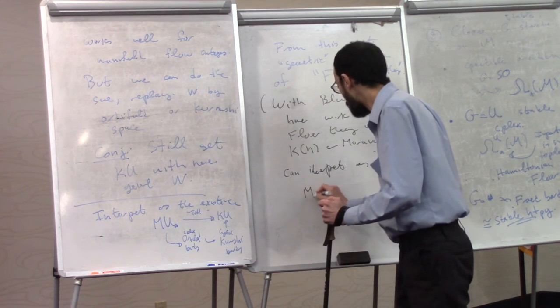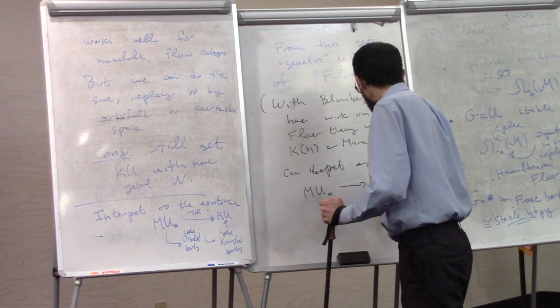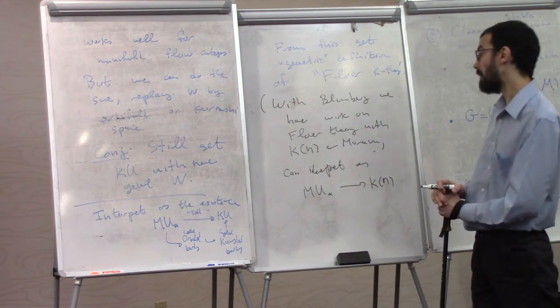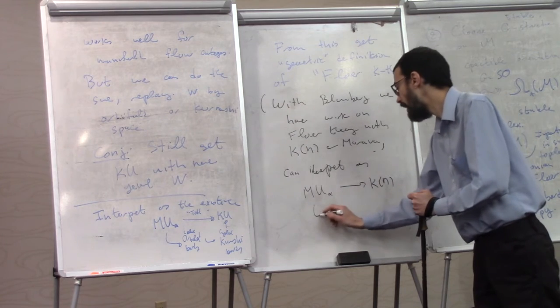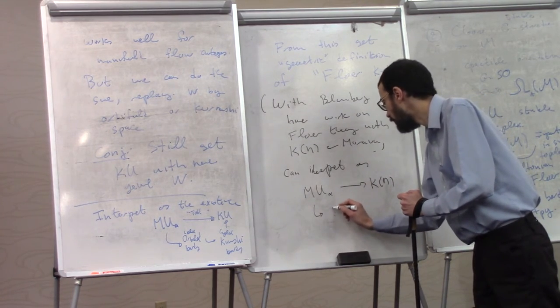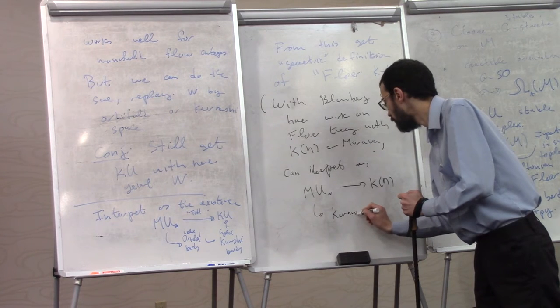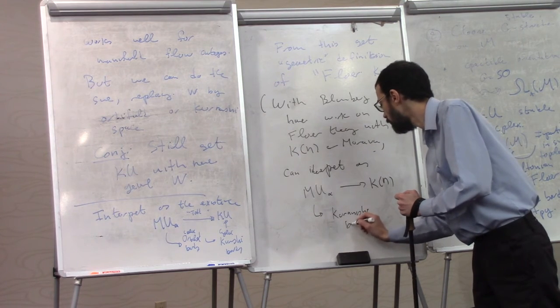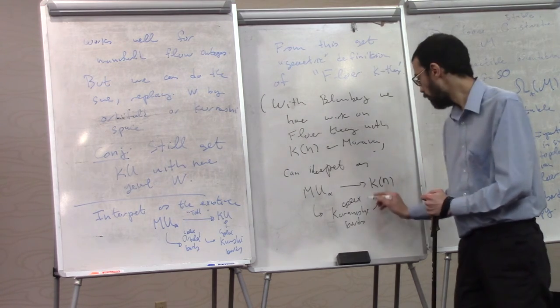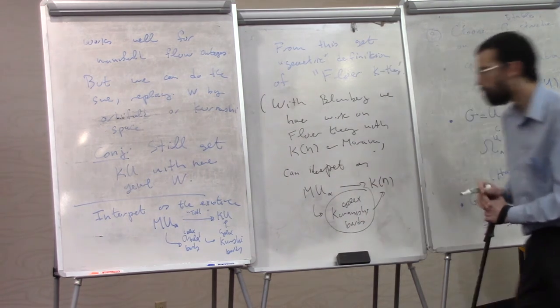So there's a map from MU to K(n) that is somehow the definition. Part of the definition of these Morava groups is that they are complex oriented, so they have a map from MU. But in fact, this map factors through all these groups, and then we can take Kuranishi bordism.